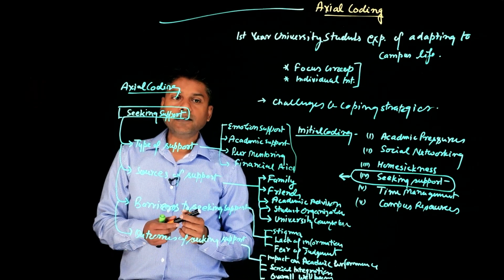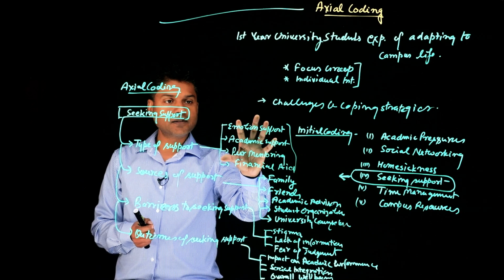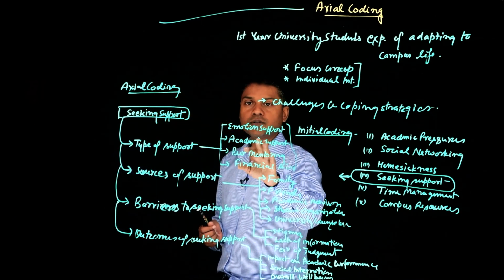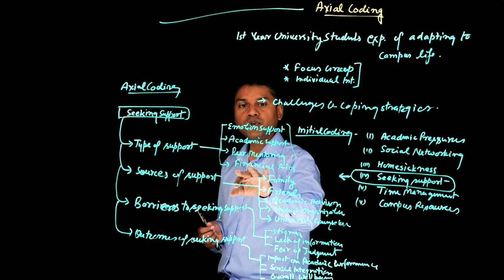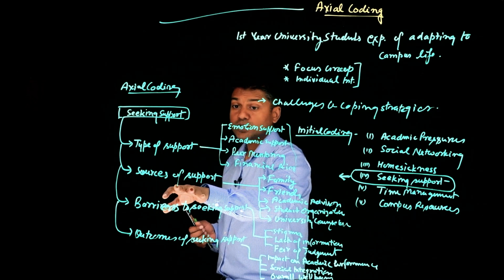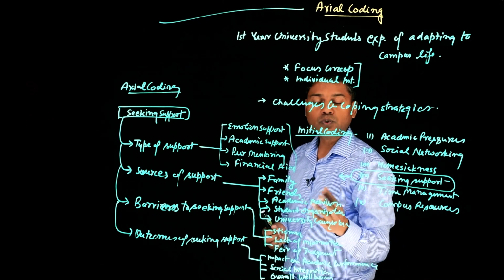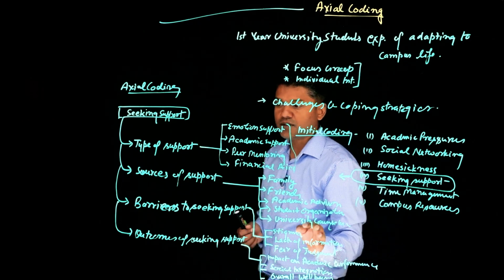And these are the various types of support: emotional support, academic support, peer mentoring, financial aid; and sources of support: family, friends, academic advisors, student organizations, university counselors.